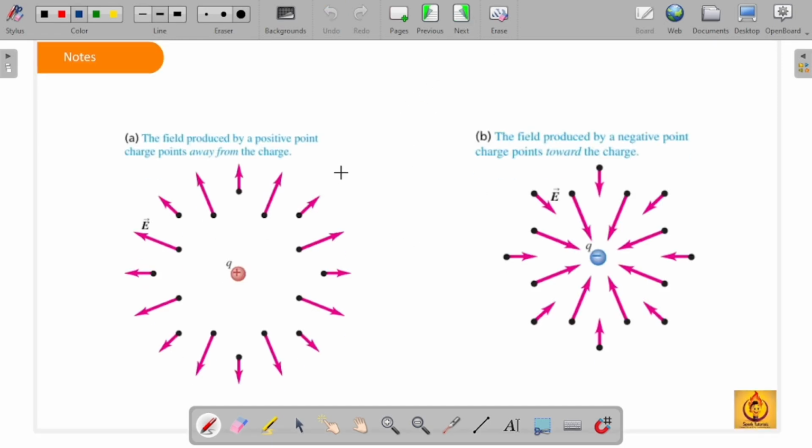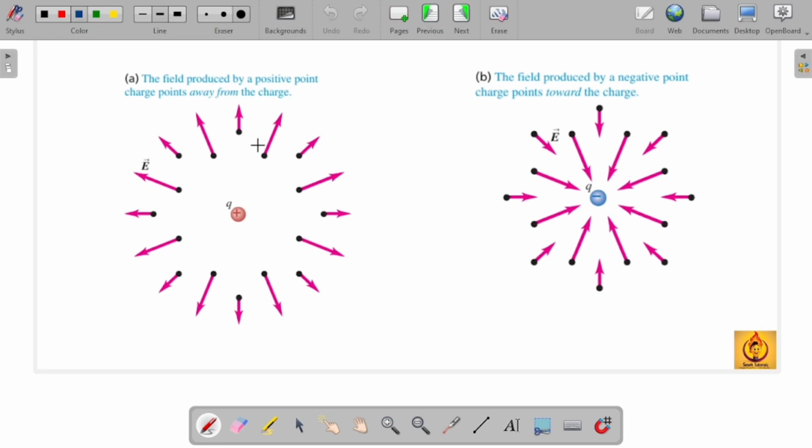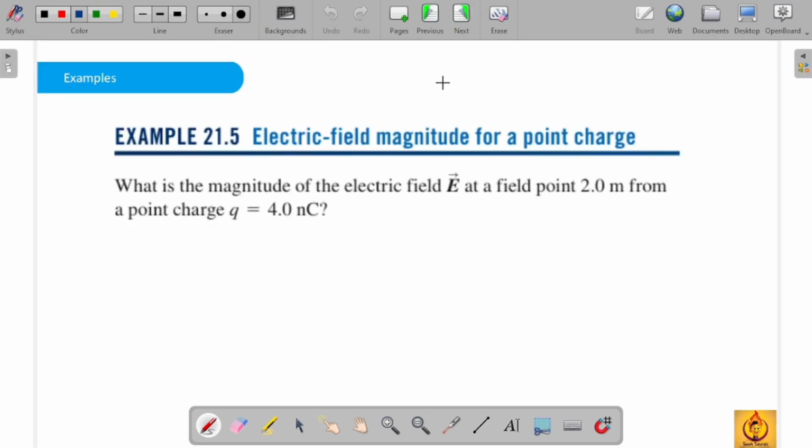This diagram just shows us that we can have more than one point whereby we test our electric field, and at each point the electric field is radially away from that source. But if our source of electric field is negative, all the field vectors in space are towards it, everywhere in space.